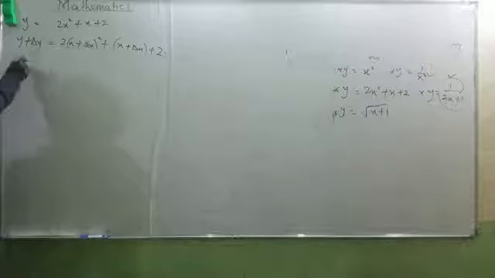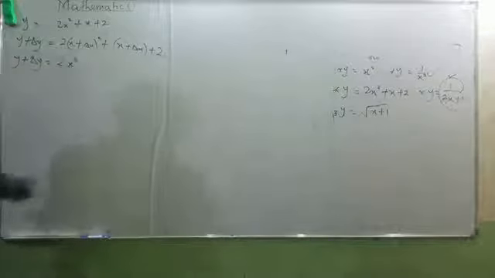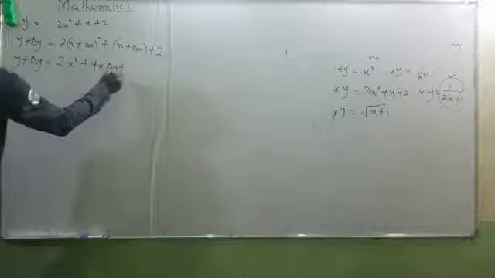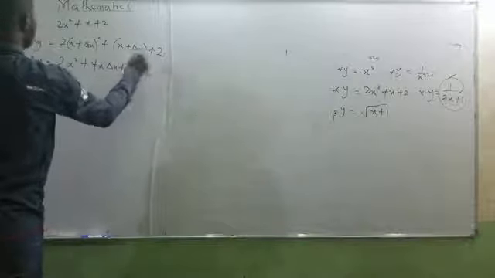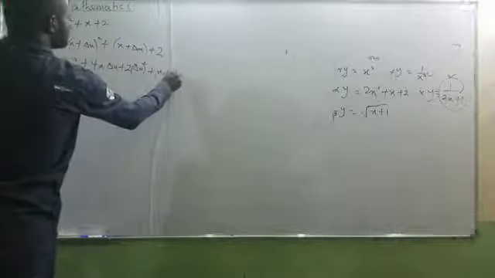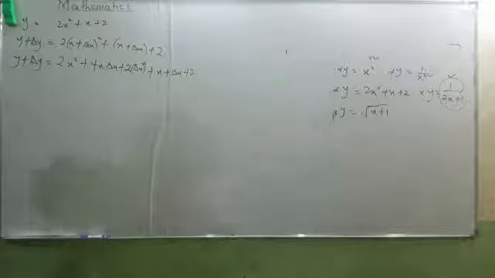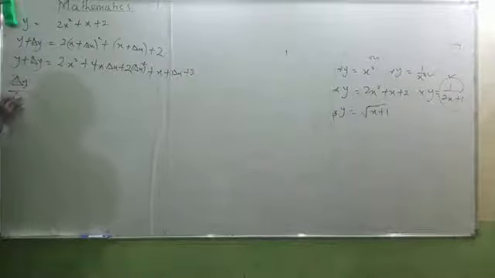It means y plus delta y equals what? 2x squared plus 4x delta x plus 2 delta x squared. I think I've opened the bracket, plus x plus delta x plus 2. Now, can you see I've successfully opened the bracket, which I can answer that delta y, let me just start from that.